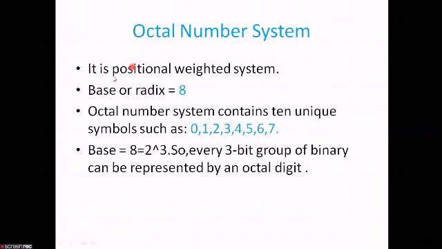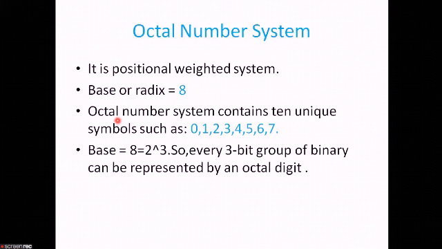Now, the octal number system is a positional weighted system. We already know what a positional weighted system is, that is, each bit position holds some weight. The base or the radix is 8. Why is the base 8? Because the octal number system contains 8 unique symbols.